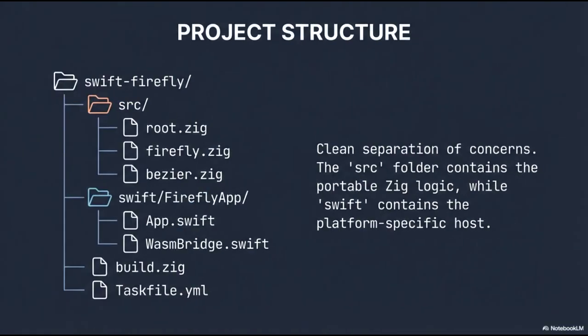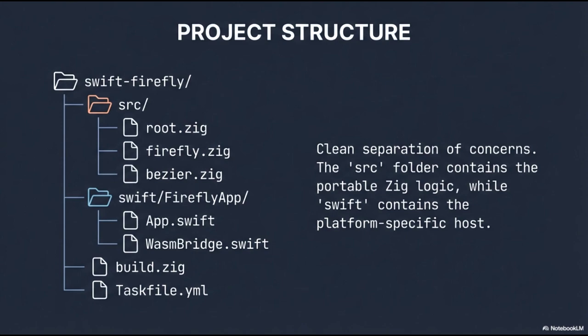The project structure for Swift Firefly is designed with a clean separation of concerns. The SRC directory contains the portable Zig logic, including the core engine in firefly.zig and specialized utilities in Bezier.zig. This ensures the foundational logic remains decoupled from the host environment.